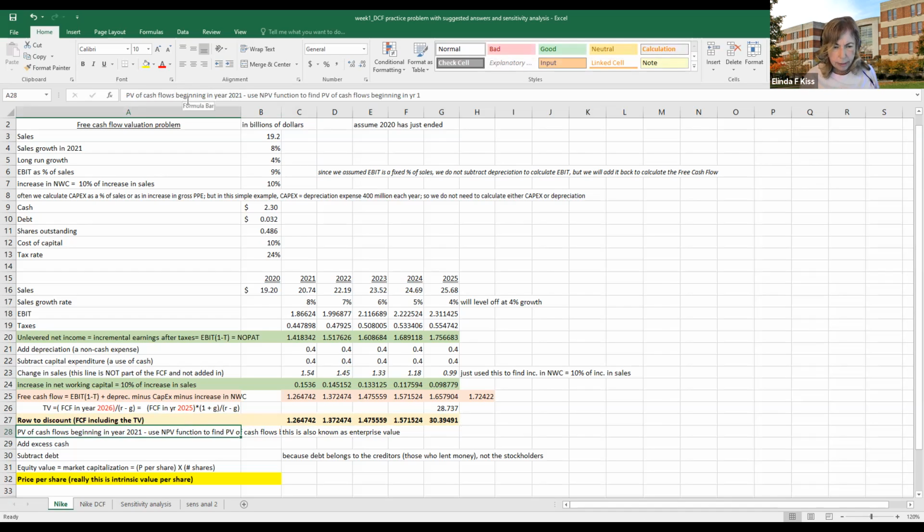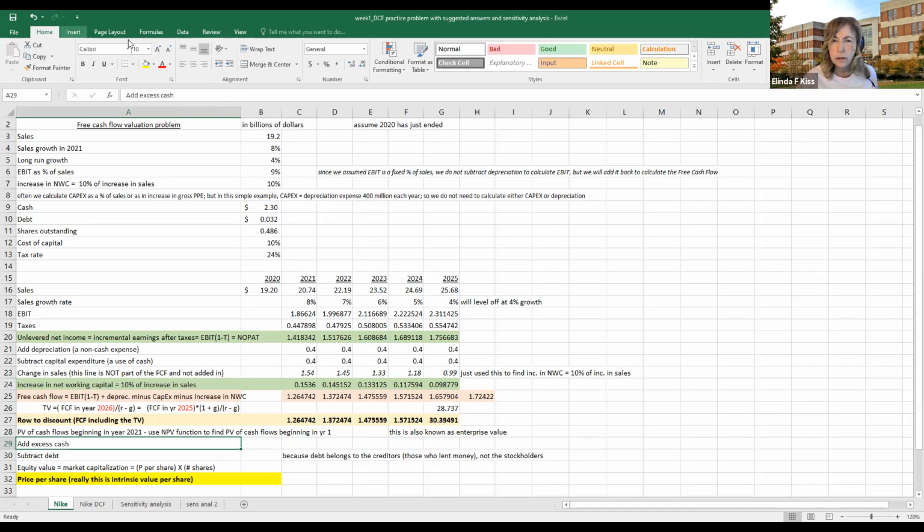Now, what I'm going to do is use the NPV function to calculate the present value of cash flows beginning in year one. This is known as the enterprise value. And I'm going to insert a row here.